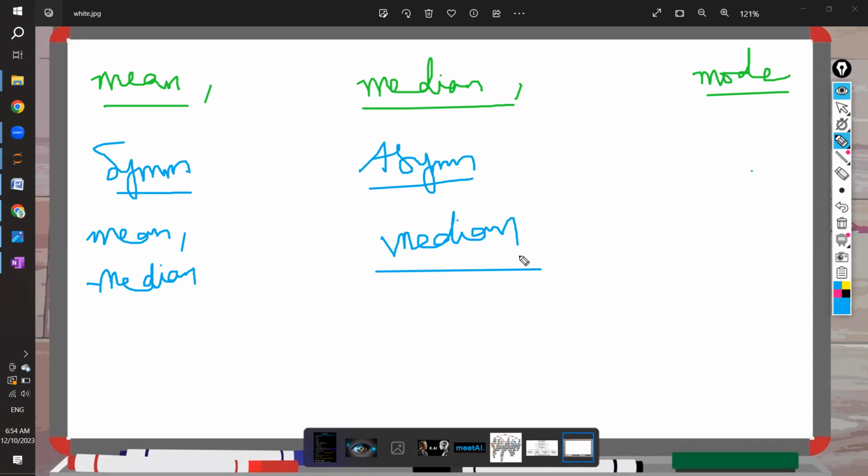Agree? Median is less influenced in asymmetric distribution. And if the data is categorical, guys, that means categories. Then you can go with the category which is repeating the maximum number of times, and you can use that as a mode. In those places you can use the mode.